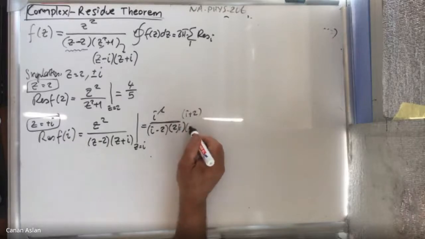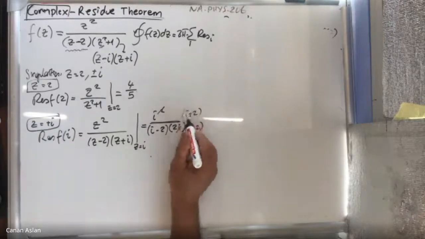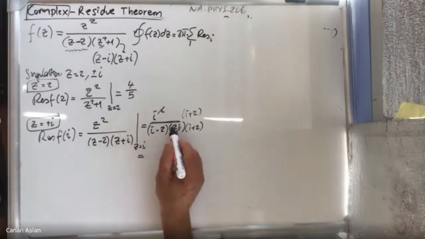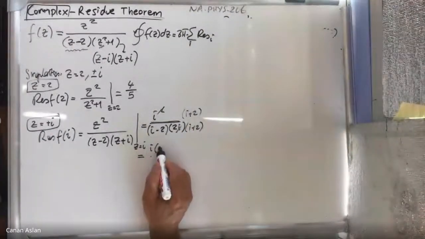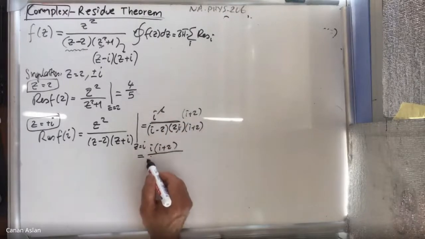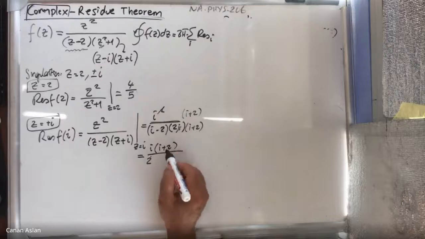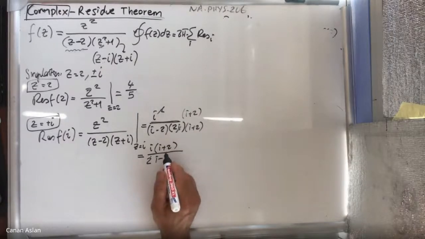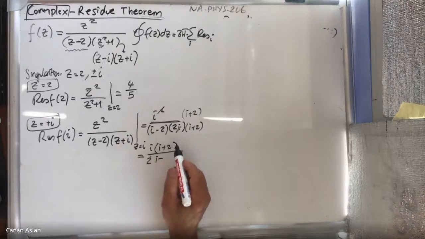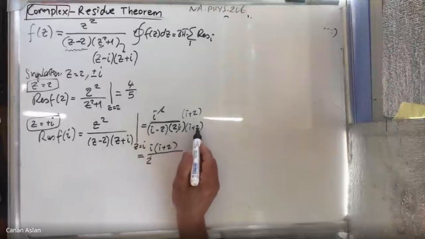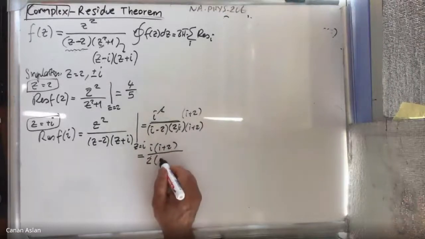In this case, this will be equal to i times i plus 2 on the top divided by 2, and i minus 2 times i plus 2 will give you i squared minus 4.